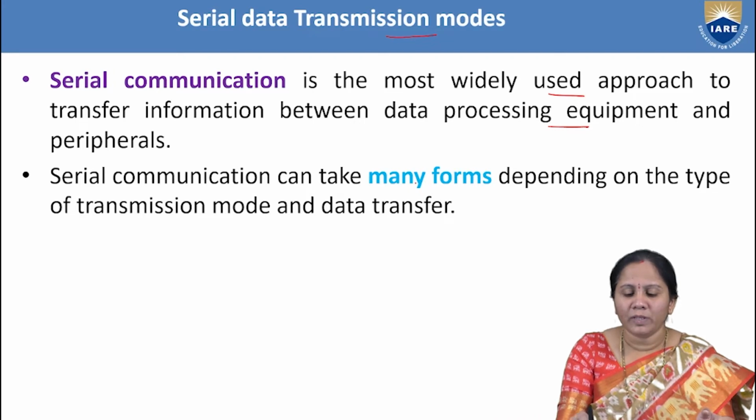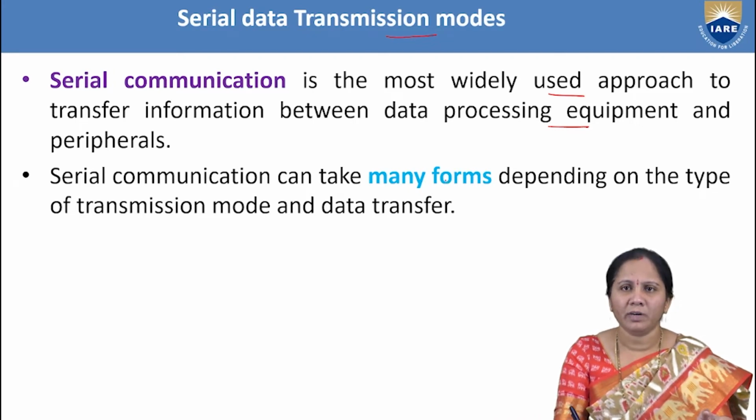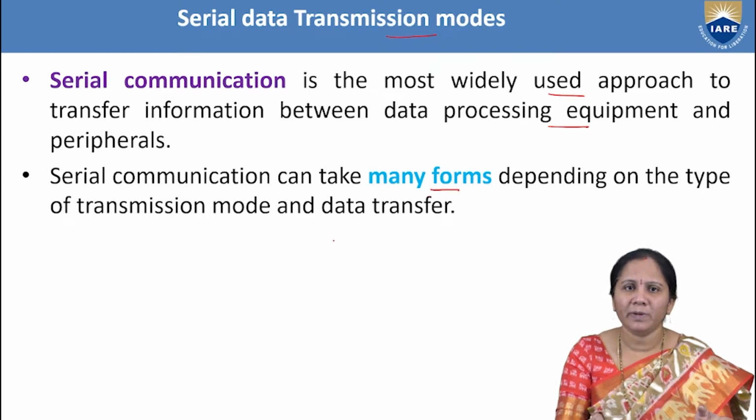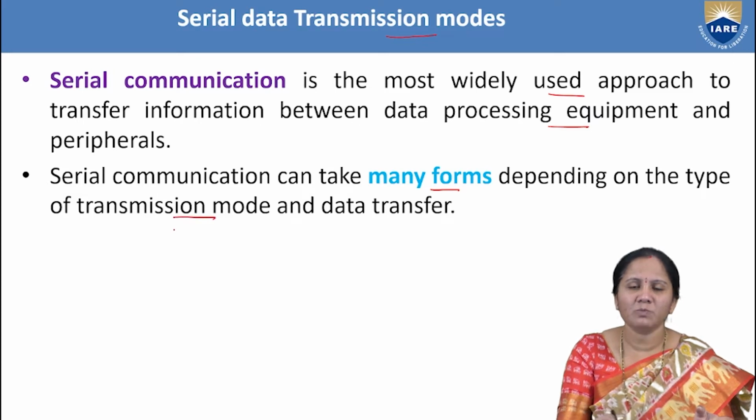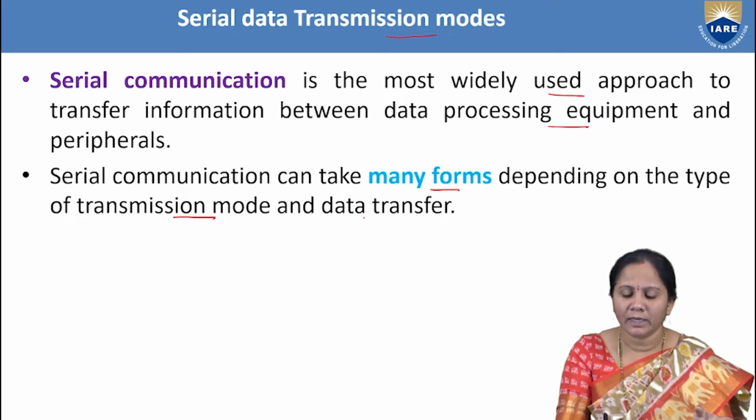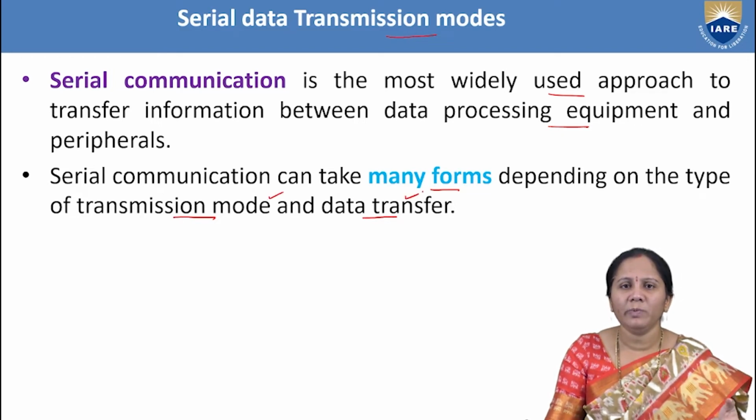When serial communication is preferred, the data transmission can happen in many forms. It depends on the type of transmission mode and the data transfer. Based on these two, we will now see in how many forms the data will be transmitted, that means how serial communication will be performed.